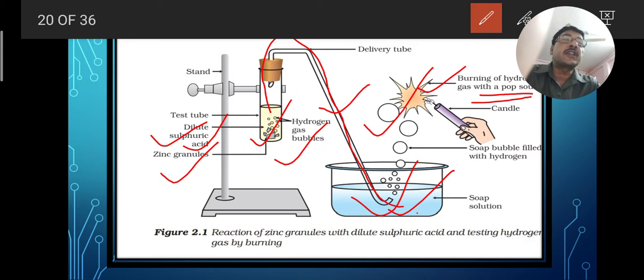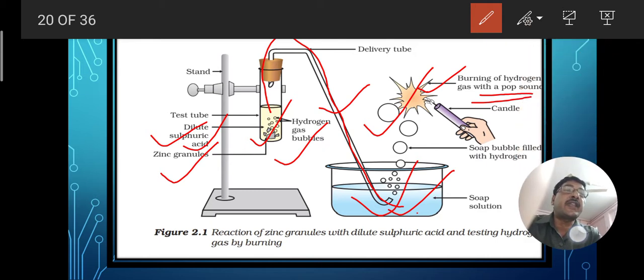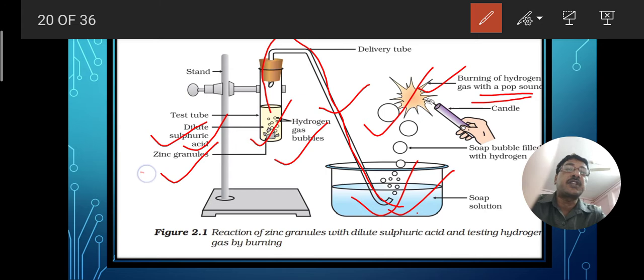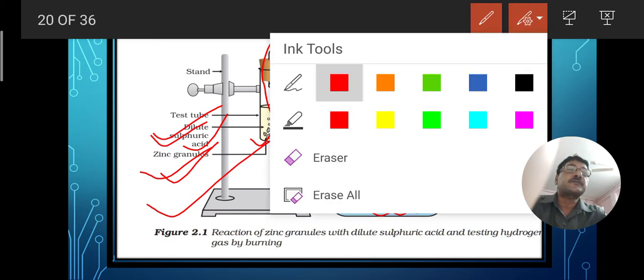It means the gas produced during this reaction between the zinc granules and the dilute sulfuric acid is hydrogen gas. So this is the procedure for how we can test the gas which is evolved during the reaction of the metal with sulfuric acid, or maybe nitric acid, or it may be hydrochloric acid.